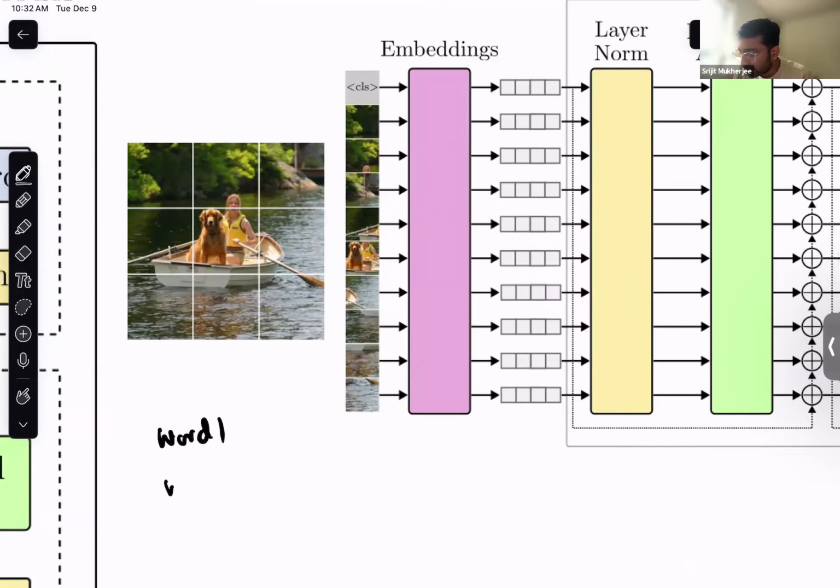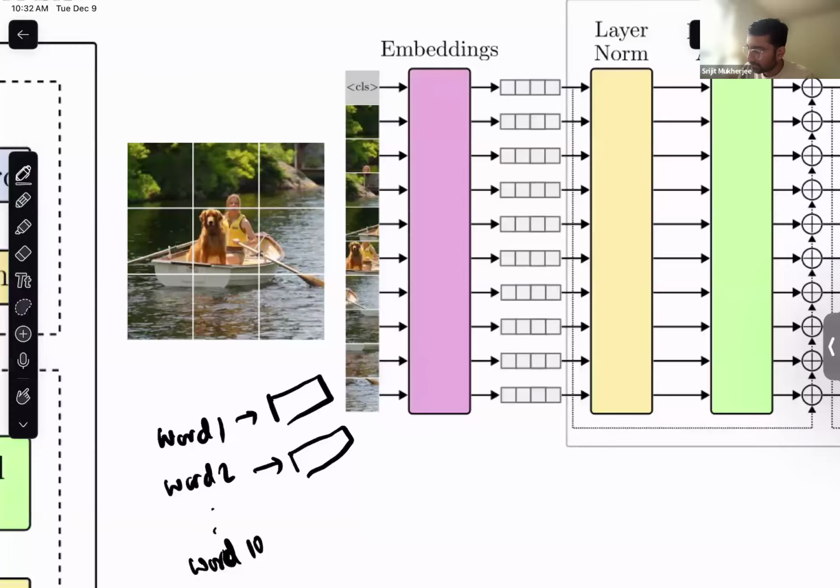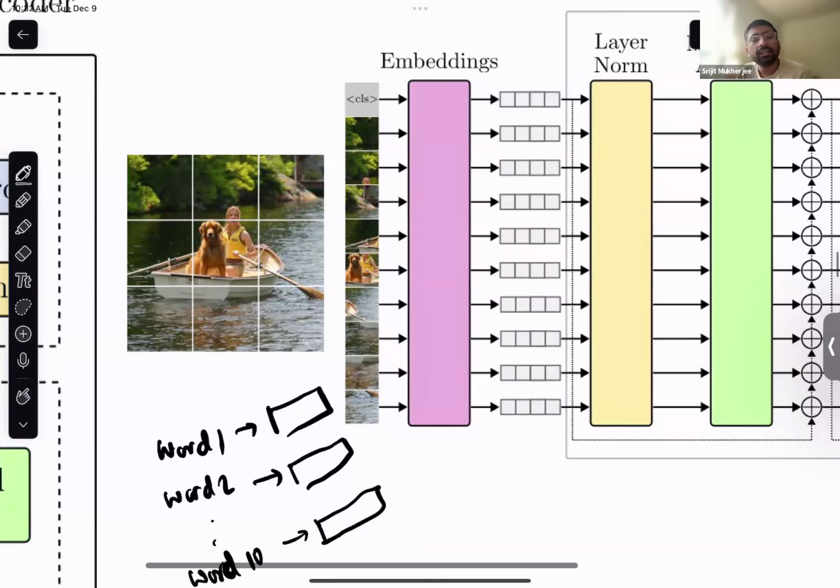Word 1, word 2, let's say 10 words are there. Each word is changed into an embedding, a vector that is learned. Now in an image, instead of words, they broke the entire image into patches, let's say 16 by 16 or 8 by 8. For example, this is patch 1, patch 2, and these patches are given an embedding.